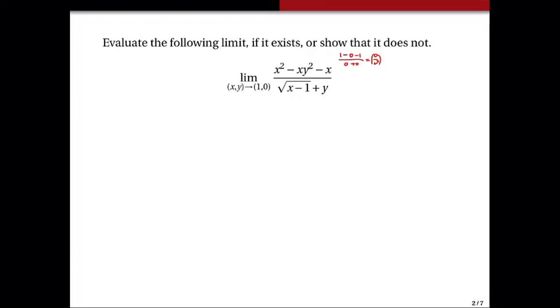So in this case, maybe you can manipulate the expression, manipulate this function here, so that maybe you can cancel some expressions that make these expressions here 0 over 0, okay?